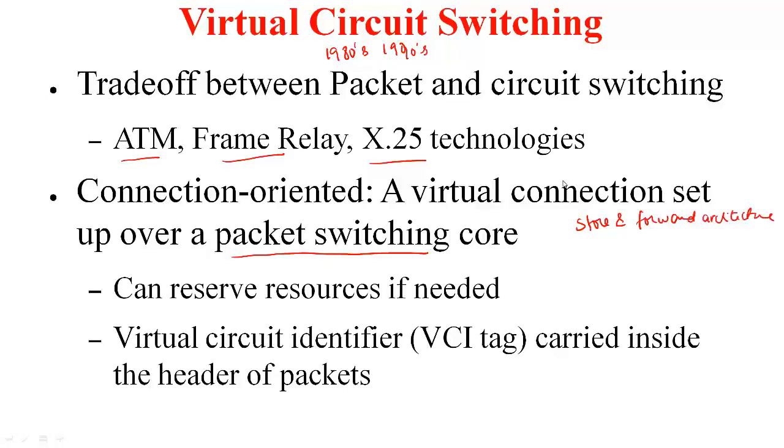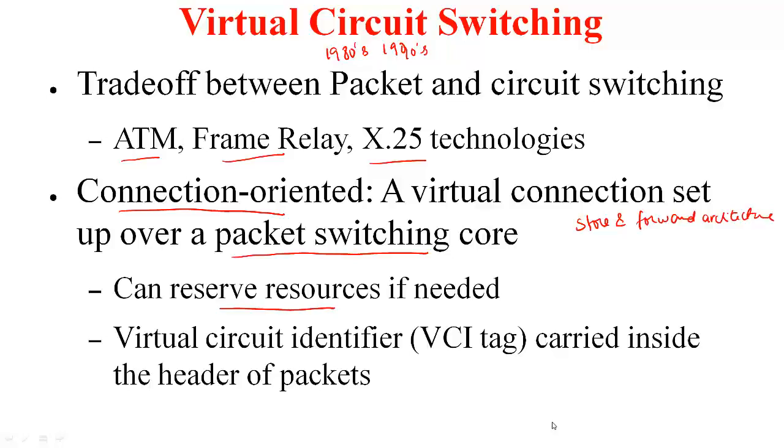The store and forward architecture supports applications that do not need any resource reservation, but if your application needs resource reservation, you can take a connection oriented approach through the use of virtual circuit switching. So basically in virtual circuit switching, a connection, much like in circuit switching, is established between the source and destination before you can send packets. And while this connection is being established, you can reserve any resources that this particular application flow requires.